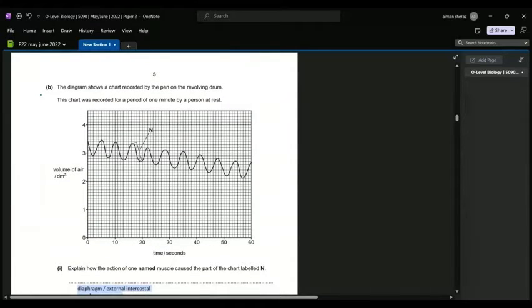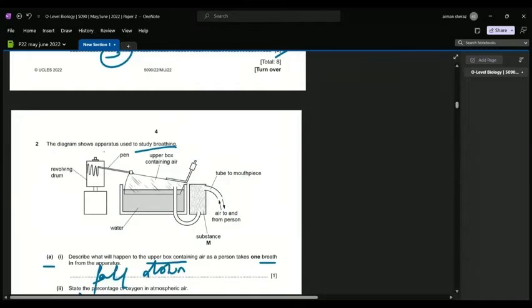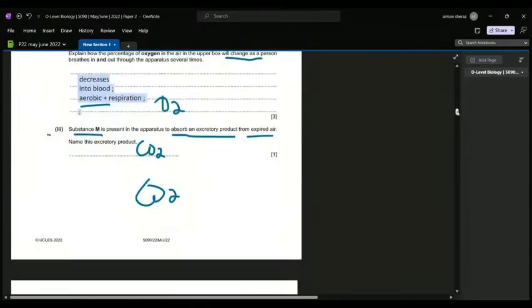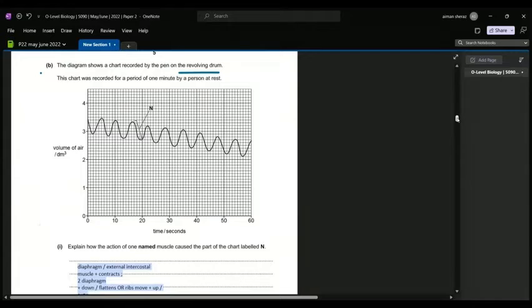Part B, the diagram shows a bar chart recorded by the pen on the revolving drum. You saw in the diagram that here was the revolving drum and the pen. This chart was recorded for a period of 1 minute by a person at rest. 60 seconds are equal to 1 minute.